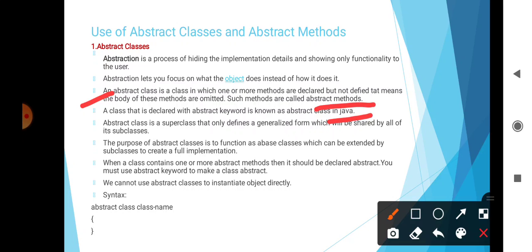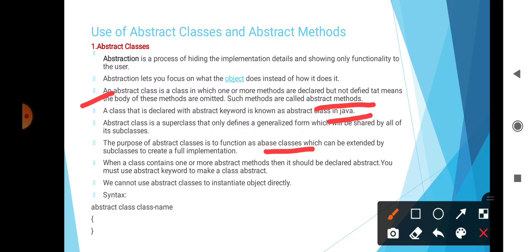An abstract class is a superclass that only defines a generalized form which will be shared by all its subclasses. The purpose of abstract classes is to define base classes which can be extended by subclasses to create a full implementation.